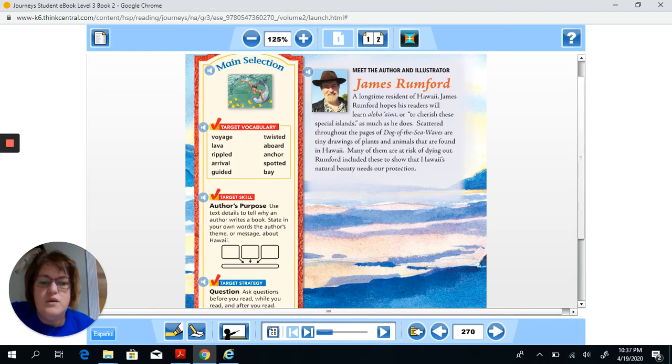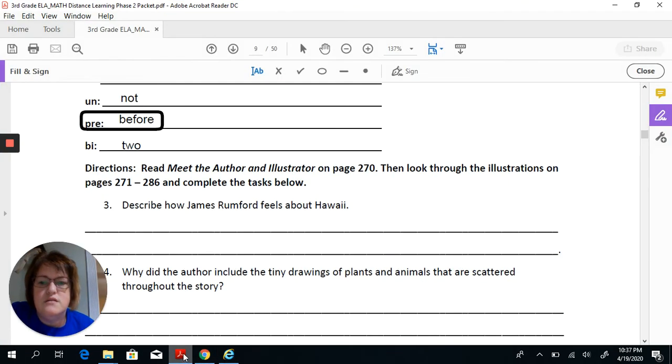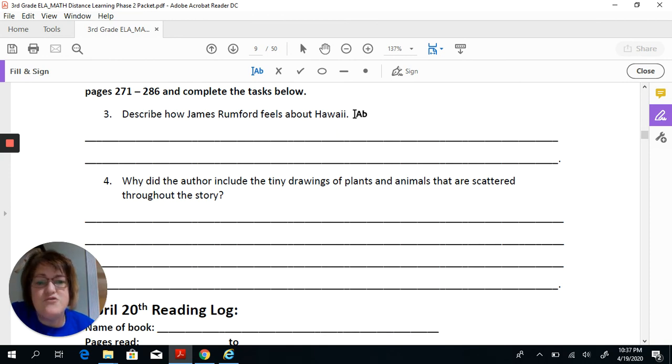Okay, so going back to our sheet. It says, describe how James Rumford feels about Hawaii. Boys and girls, after just reading that, we can tell how he feels about Hawaii. Now I'm going to make sure that I write a complete sentence. It's not really a question, but it's a prompt, and it tells me what to write.